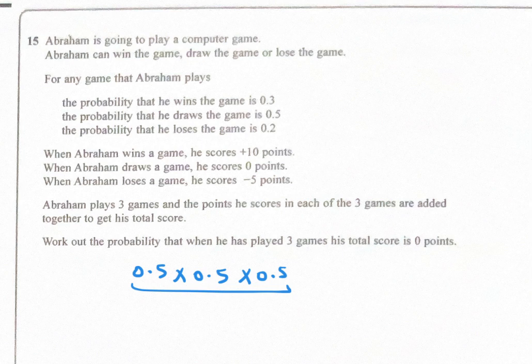The second case, for the score to be 0, he wins 1 game, so the score is 10 points, then loses 2, so minus 5 minus 5, so the score will be 0. So wins 1 and loses 2.